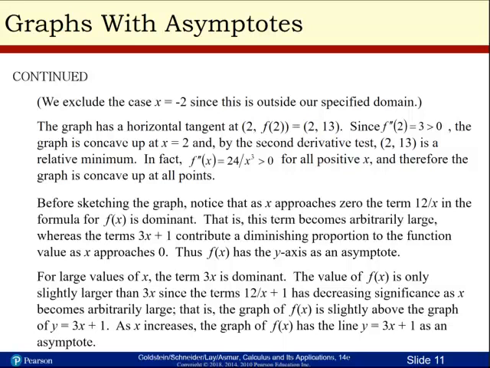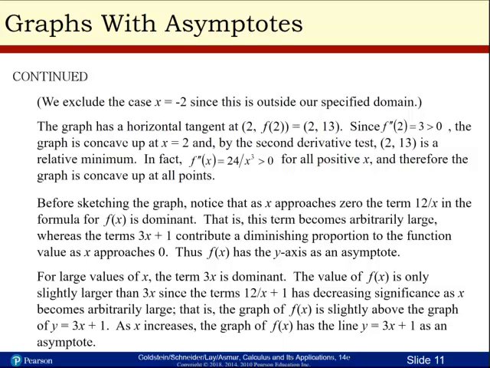For large values of x, the term 3x is dominant. That's why we see it shoot off kind of in a straight line. The value of f of x is only slightly larger than 3x since the terms 12 over x plus 1 have decreasing significance as x becomes arbitrarily large.